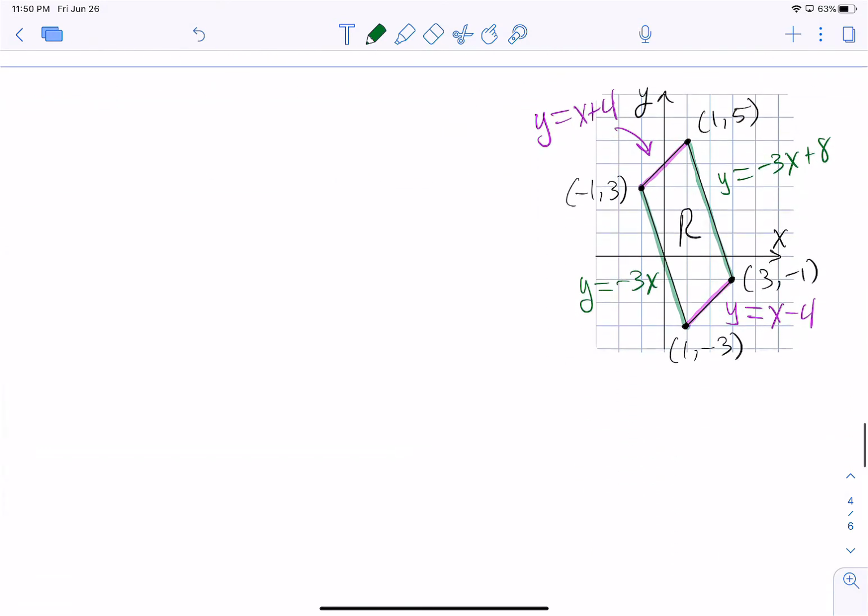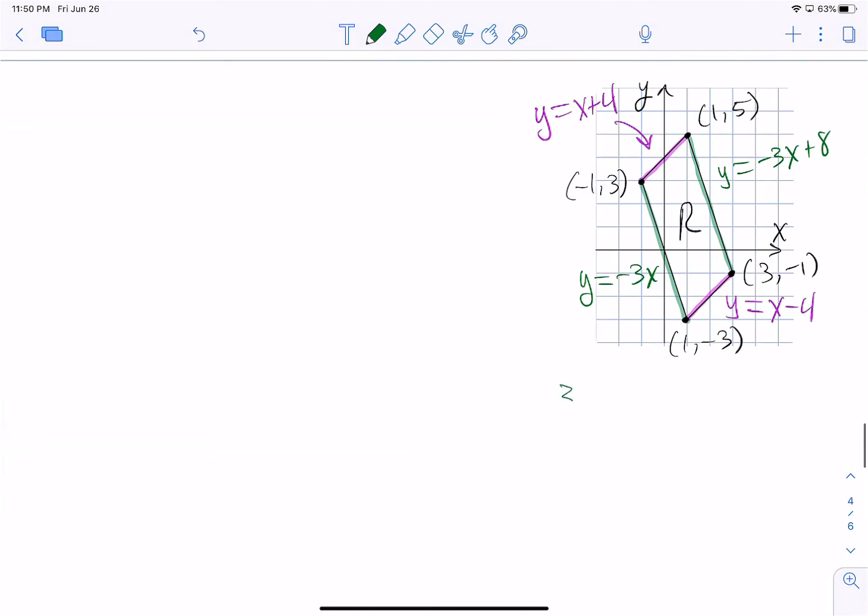We can rewrite the green equations as 3x plus y equals 0 and 3x plus y equals 8, and the purple ones as x minus y equals -4 and x minus y equals 4. For right now, let's say I did that just so we could have in all equations x and y on the same side of an equation. Now we've done all we're going to do with this region R and its equations.